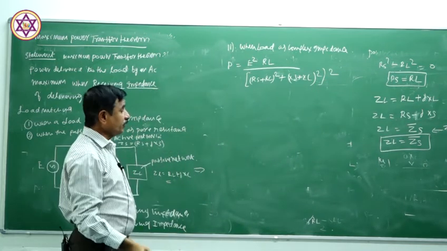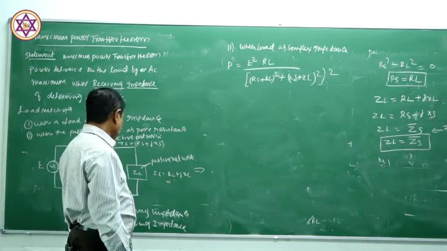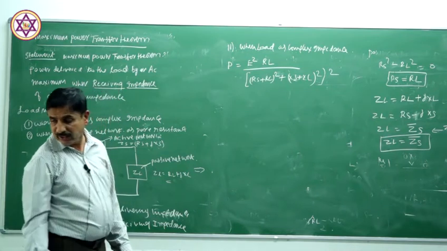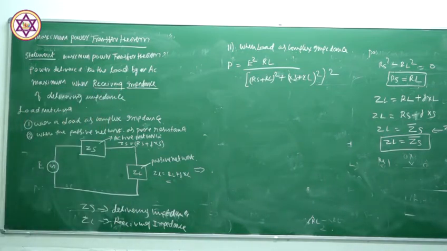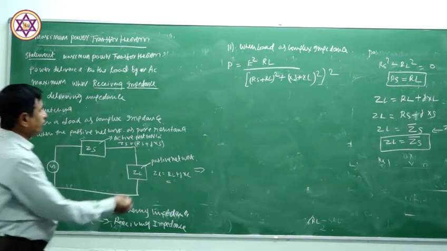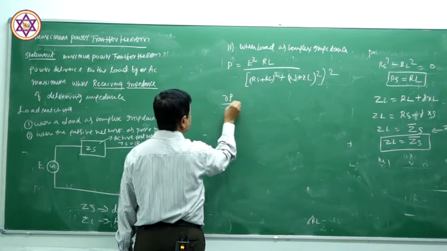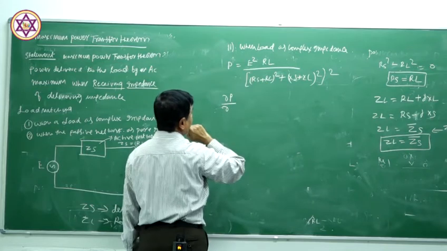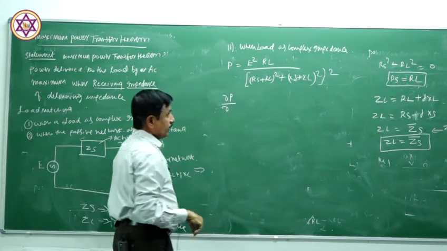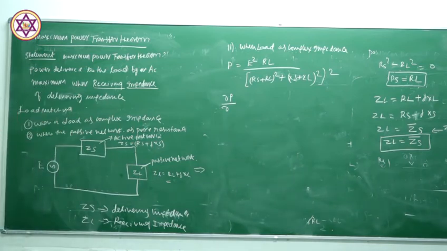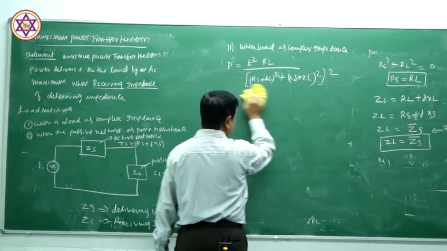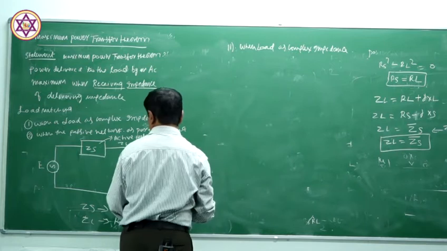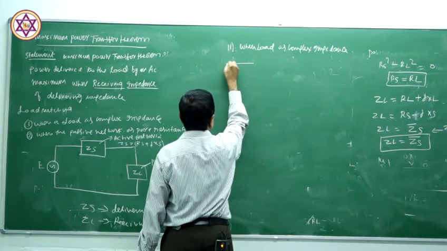This is the power. I am going to differentiate it with respect to the resistance, that is dP by dRL. This is the power in the case of complex impedance, whereas in the case where only the resistive part is there, the power is current squared times the resistance. Let me write a separate diagram.